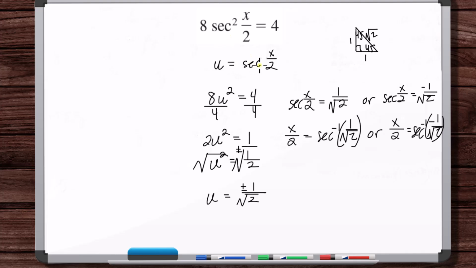Let's see. u is equal to secant x divided by 2, so 8u squared is equal to 4. If you divide both sides by 8, you get u squared is equal to 1/2, so u is plus or minus 1 over root 2. There's no angle where you take the secant of it and you get a magnitude less than 1, and plus or minus 1 over root 2 has a magnitude less than 1. So there's no solution to this.